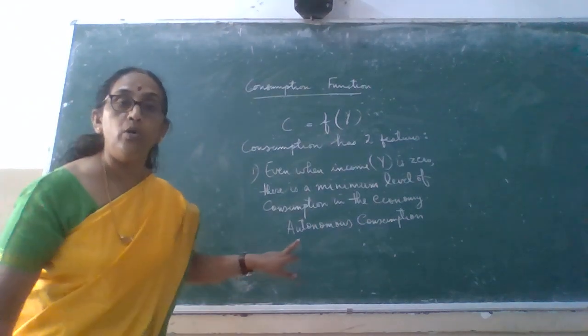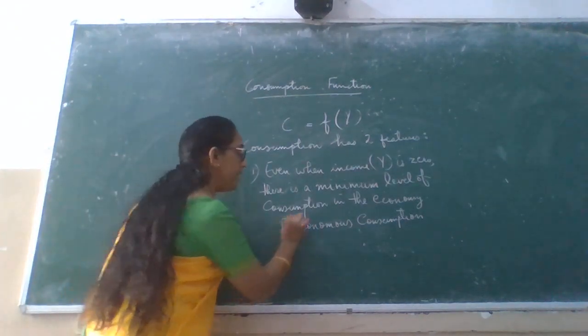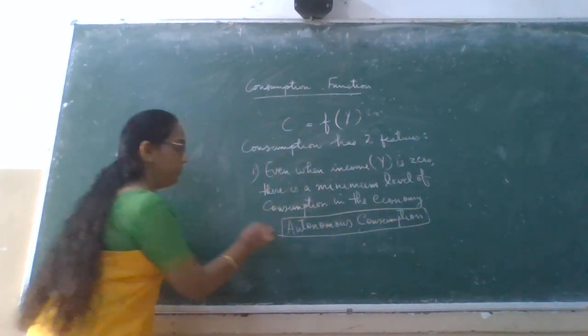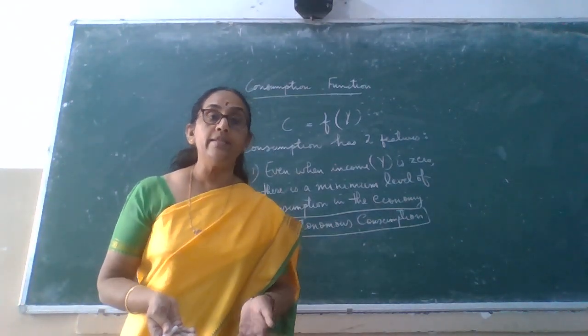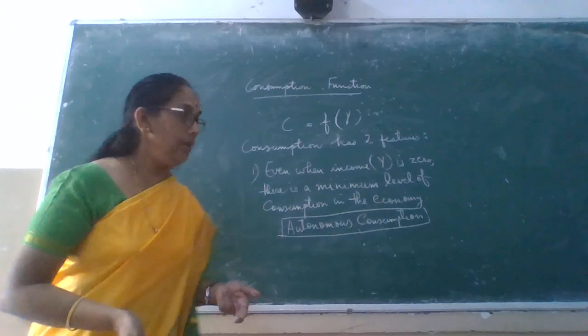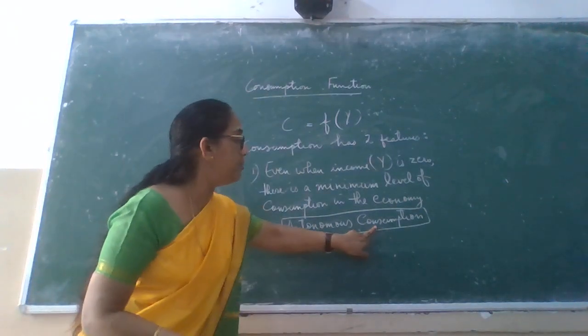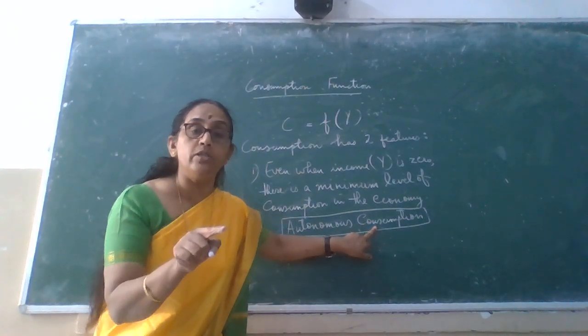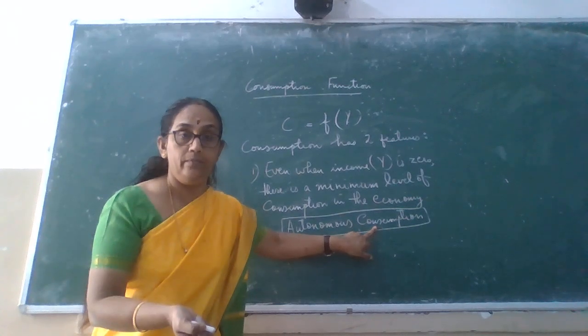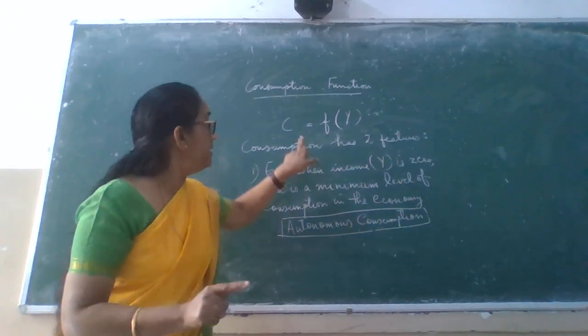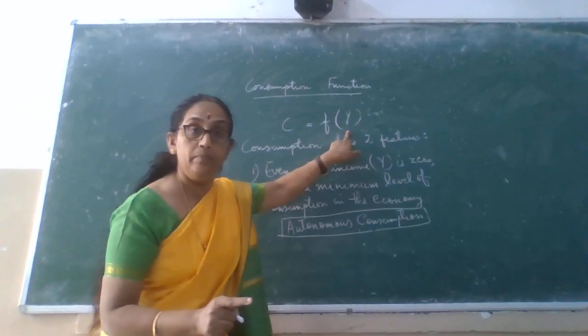Now let us understand what is this autonomous consumption. You know the meaning of autonomous. Autonomous means independent, not affected by any factors. So autonomous consumption means that level of consumption which is not affected by any other factors. You already learned consumption is affected by income.